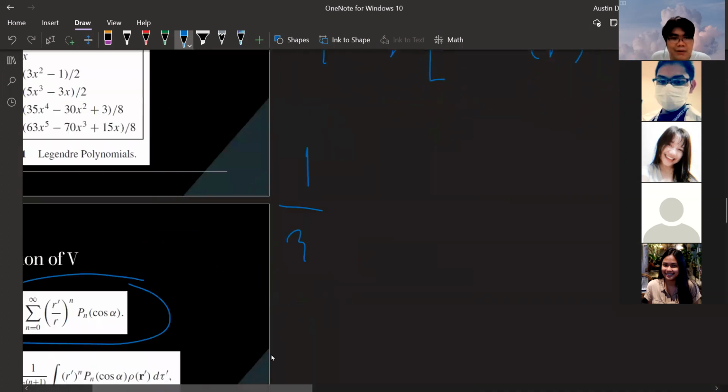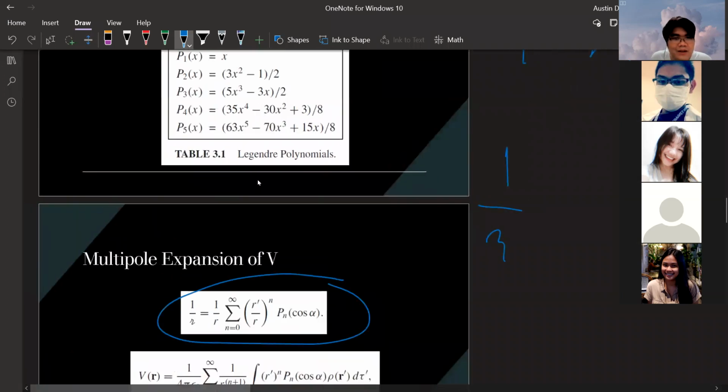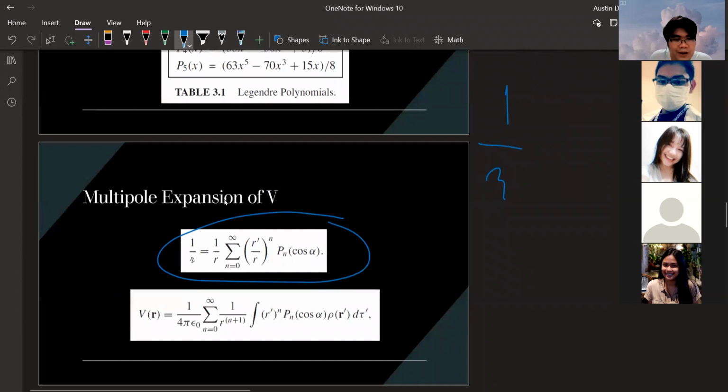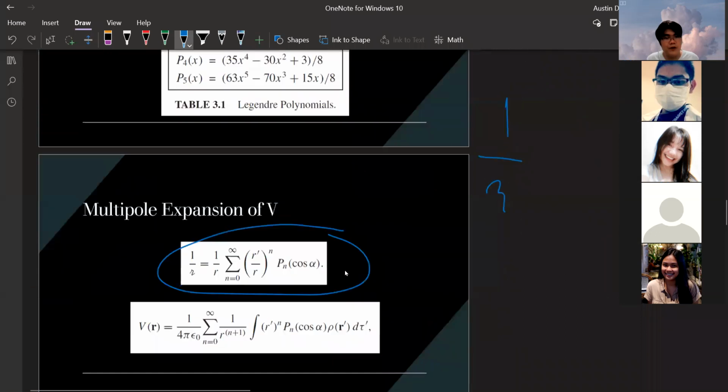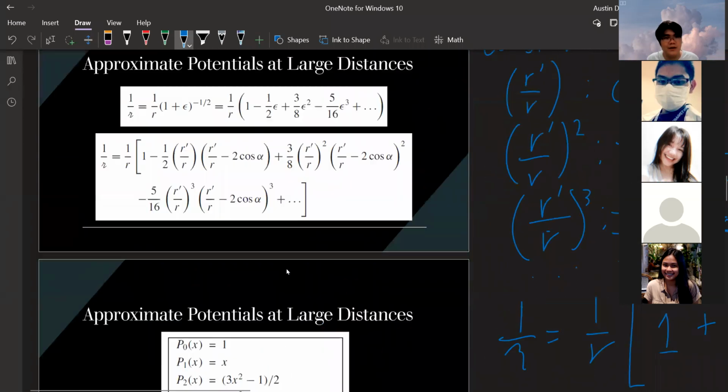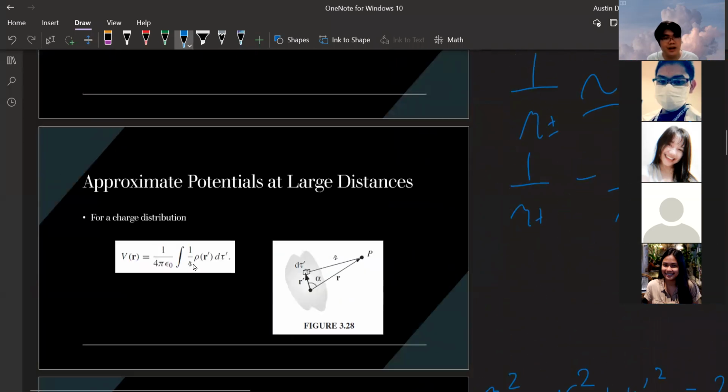That's that, di ba? Amazing, di ba? Lumalabas yung Legendre polynomial sa nature. Okay? So, if we plug in this to the general form right here.